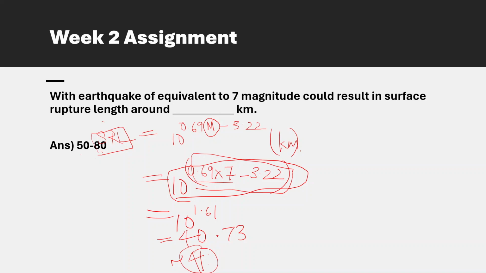Okay, so I hope you're clear how this is done. If you have any other formula or any other method with which you have calculated this, please let me know so that I can also share it with the rest of the people.